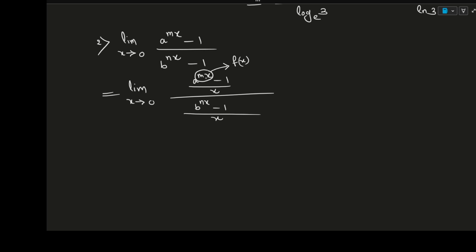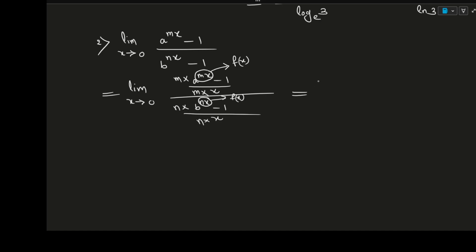So in order to make the denominator f of x, we'll multiply the numerator and denominator with m. Similarly, in the denominator function, we can see that it is nx. It is our required f of x. So to make this f of x in the denominator, we'll multiply it with n. Here we'll multiply n, and here we'll multiply m.